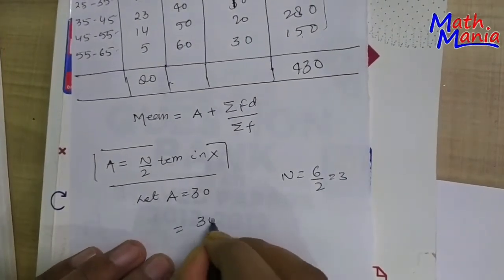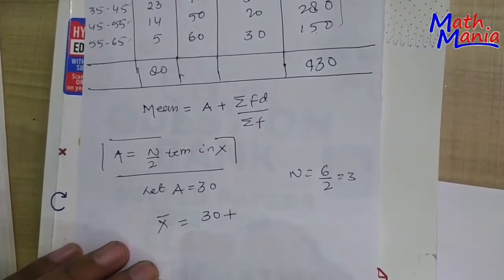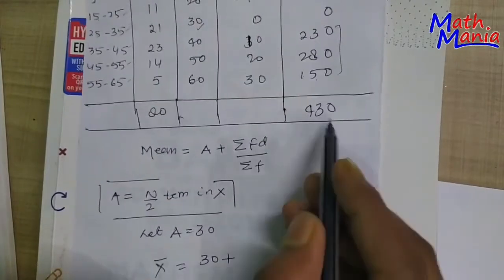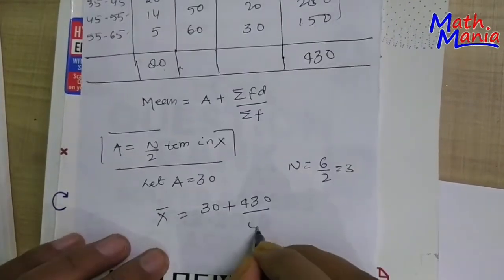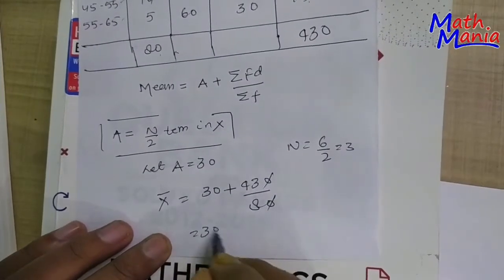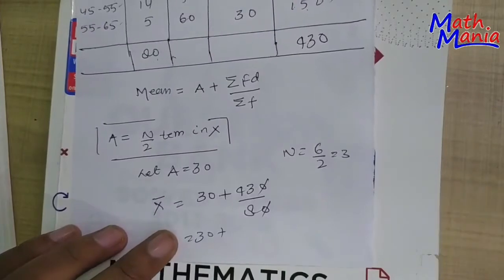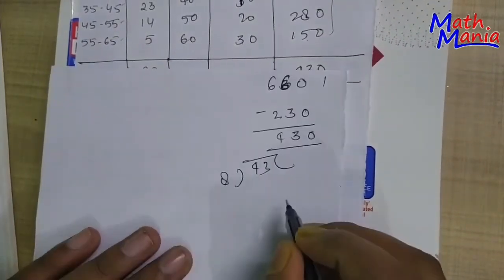We can get the mean of this observation easily. So mean is equal to a, which is 30, plus sigma fd, that is 430, divided by 80. So we have to simplify. Now we will divide 43 upon 8.